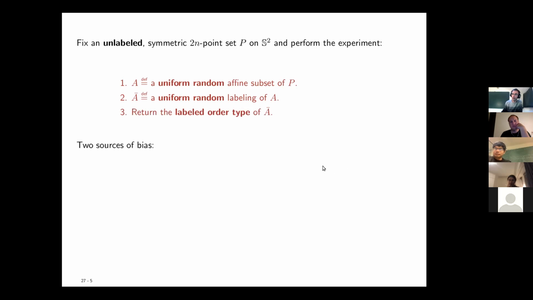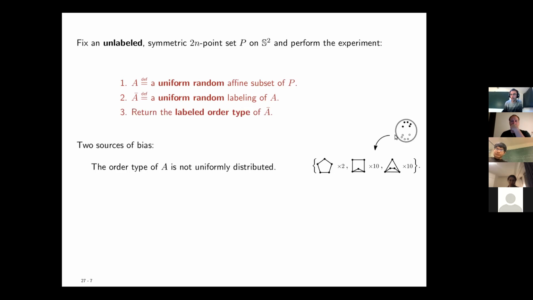Okay, question: what is the distribution on those labeled order types? There are two sources of bias, right? First, A is not uniform among all affine order types of affine subsets that you can find in P. The order type of A is not uniformly distributed. We saw that if P is this set here, there are two subsets A that will form 5 points in convex position, 10 where you get 4 points plus a point inside, and 10 where you get a triangle.